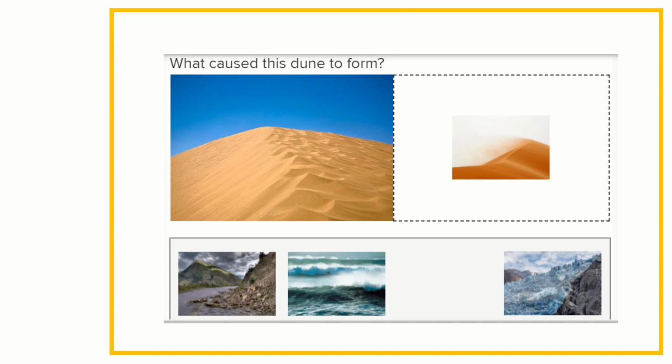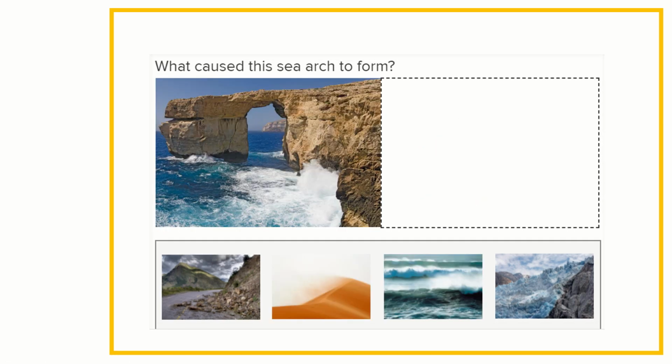So let's look at an example. What caused this dune to form? If we look at it, it is obvious, but the term we're going to use is wind. Wind caused this dune to form. What caused the sea arch to form? Over here we can see the waves.